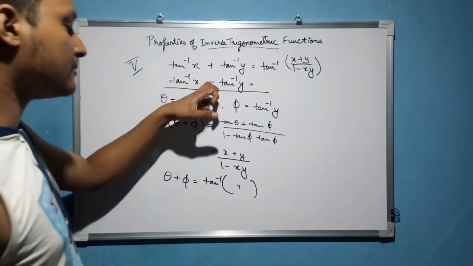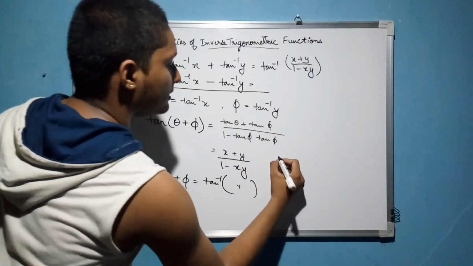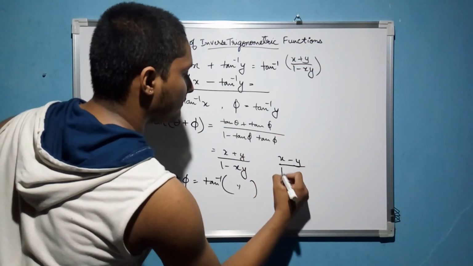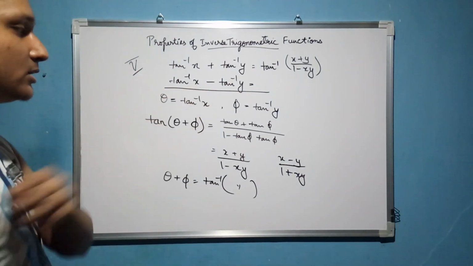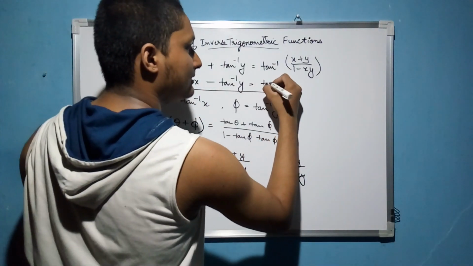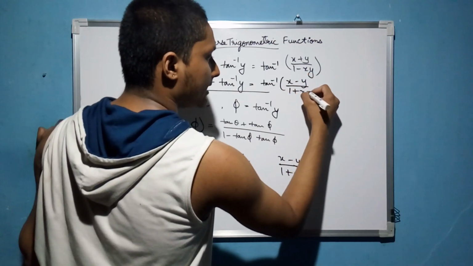In the next case I'm just going to substitute one minus sign here. So you are going to get x minus y by 1 plus xy if it is a negative sign in between. So at last you are going to get tan inverse x minus y divided by 1 plus xy.